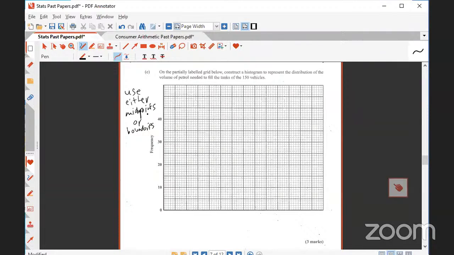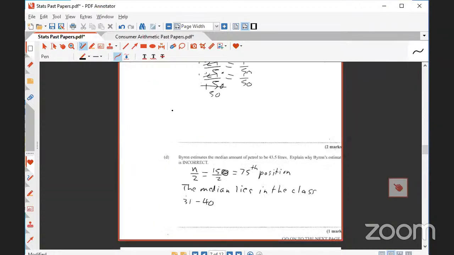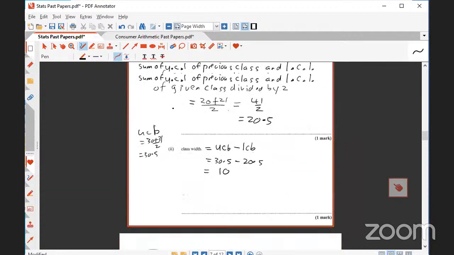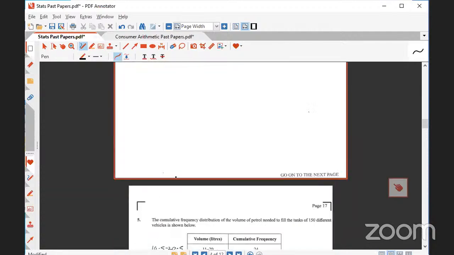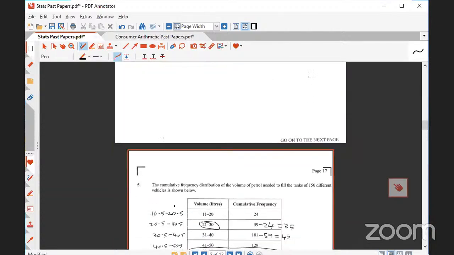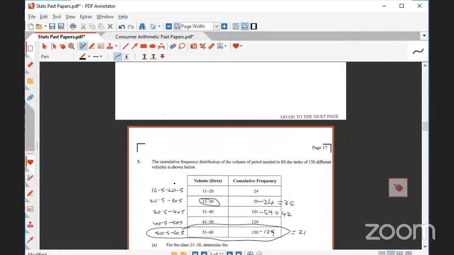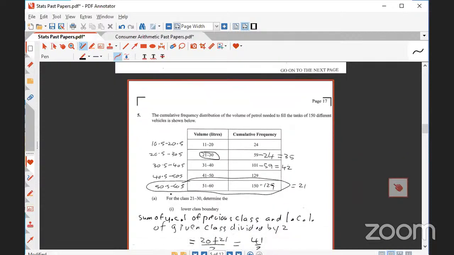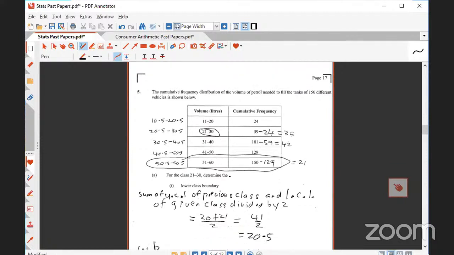And we obviously have our boundaries for this one because we wrote our boundaries earlier. Remember that these are all representing our boundaries right there. So our 10.5 to 20.5, that is just part of our boundaries. So those are what we're going to use to represent the different classes.